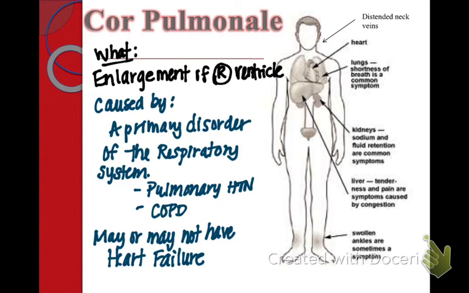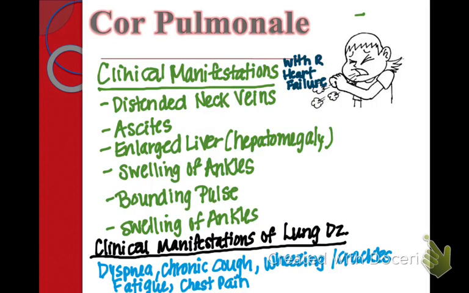In cor pulmonale, you'll see distended neck veins, shortness of breath, kidney sodium and fluid retention, swollen ankles sometimes, distended neck veins.